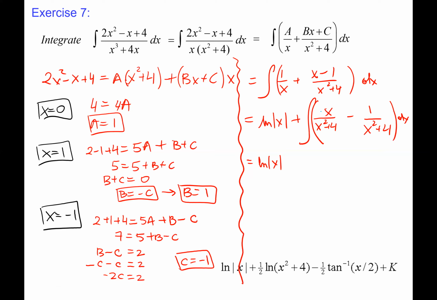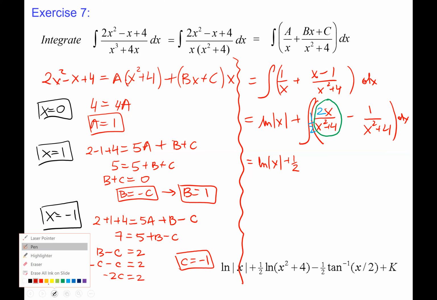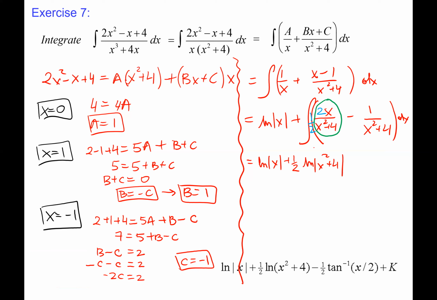But I will do my trick: I will put 1/2 and 2, and keep this half. Looking at this, I see a function and its derivative on the top. Then I can say ln of the denominator. Okay, that's done.